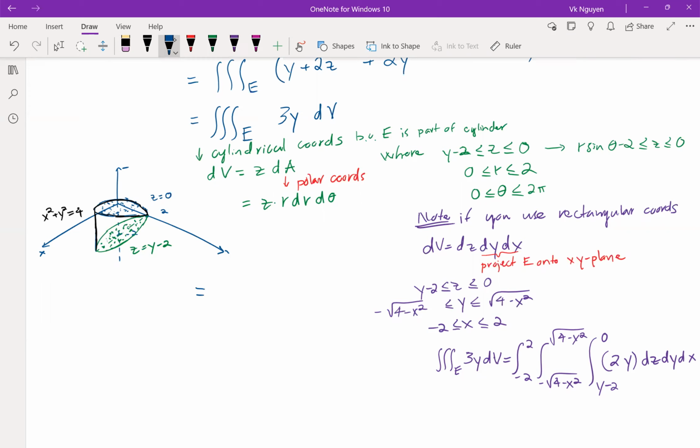The reason why is because you're going to be doing this instead. 0 to 2 pi, 0 to 2, r sine theta minus 2 to 0, and then in here 3y is going to be 3 r sine theta, since y is r sine theta. dV is r dz dr d theta.